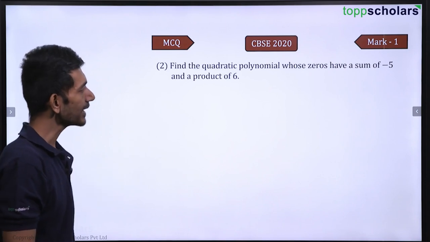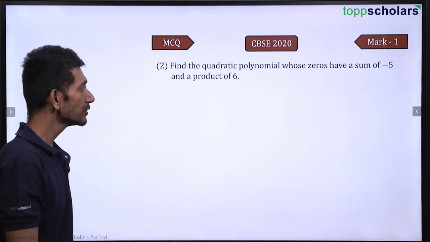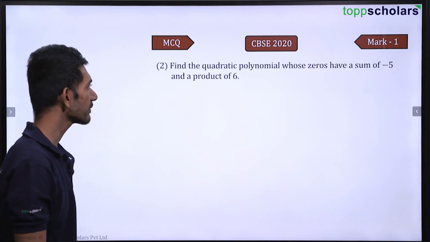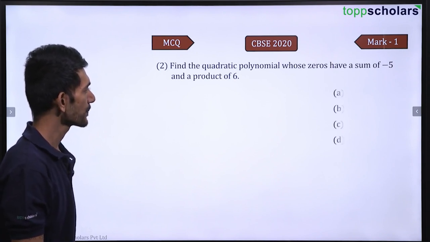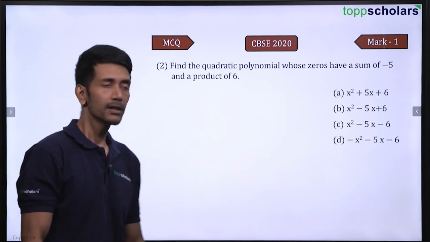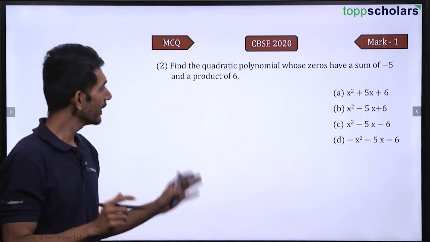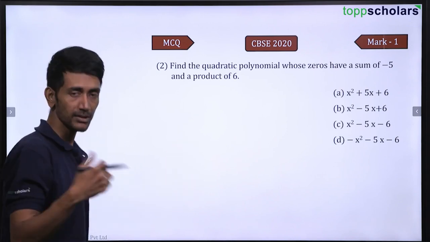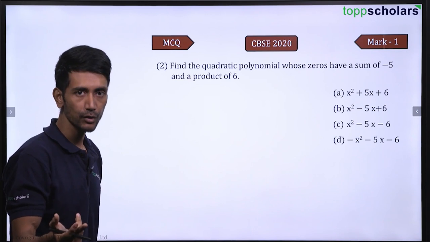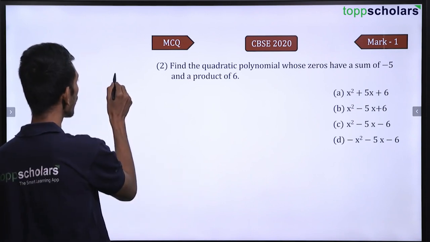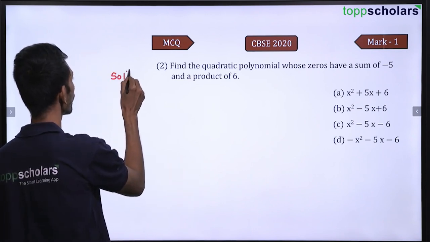So find the quadratic polynomial whose zeros have a sum of minus 5 and a product of 6. And 4 options are given. Now understand, whenever they are giving the sum of the zeros and the product of the zeros, how does the quadratic polynomial look like? Let me give you a quick revision of that.